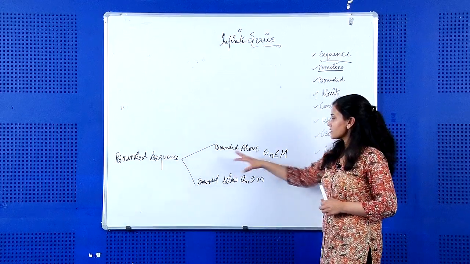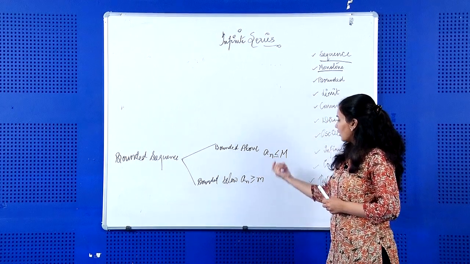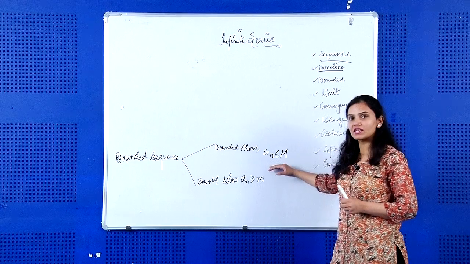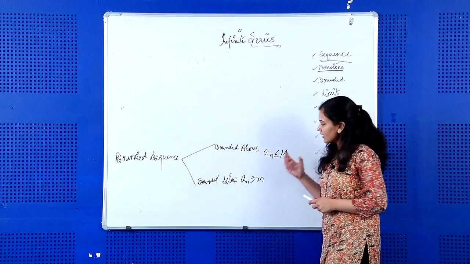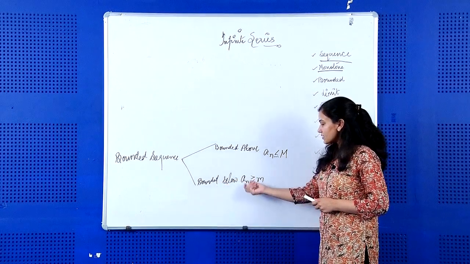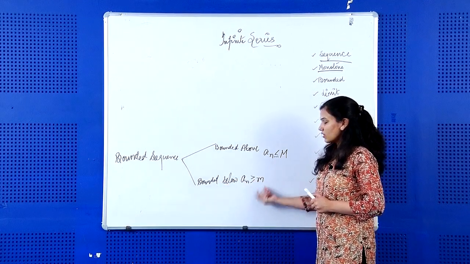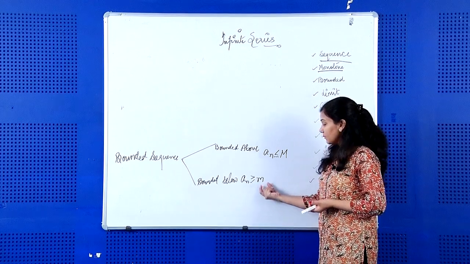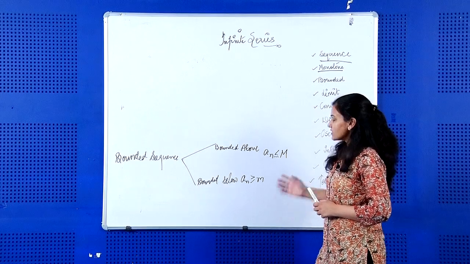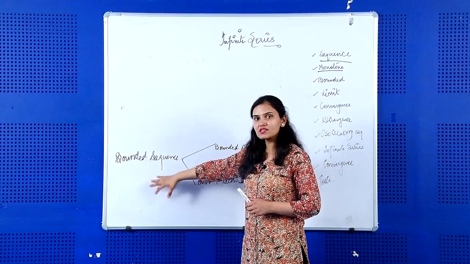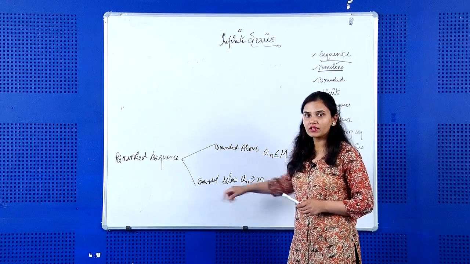We say a sequence is bounded above if our sequence is less than or equal to a real number, say capital M, and we say it is bounded below if our sequence is greater than or equal to a real number, which I am denoting with small m. And we say a sequence is a bounded sequence if it is both bounded above and bounded below.